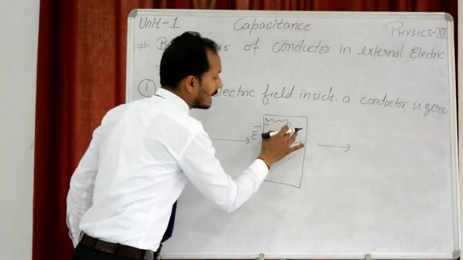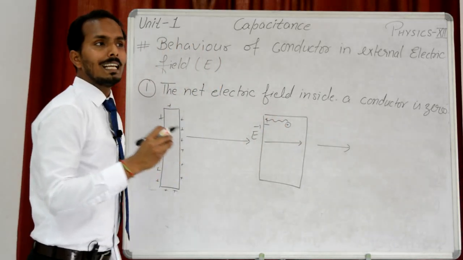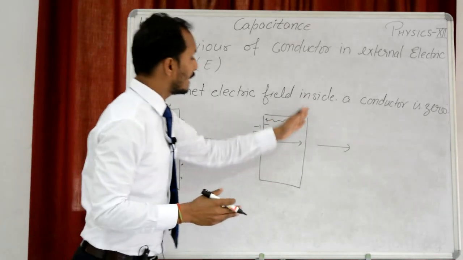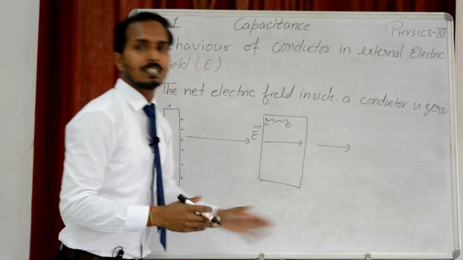Now this positive charge is unable to move to the opposite side. Then how is positive charge generated?